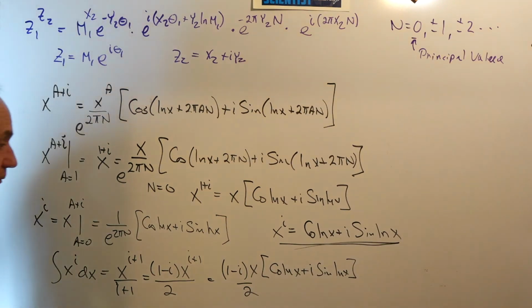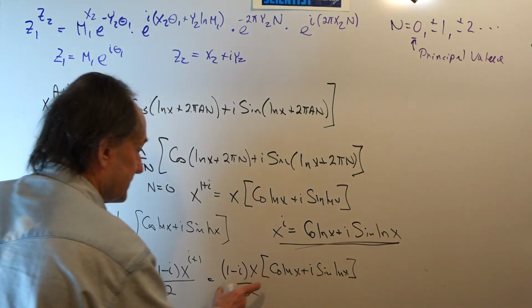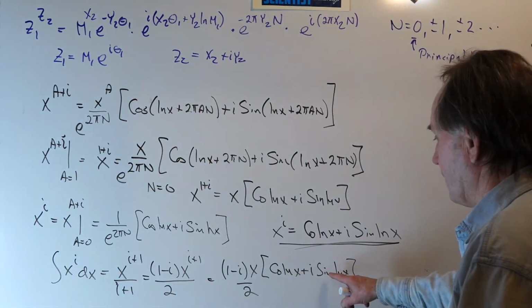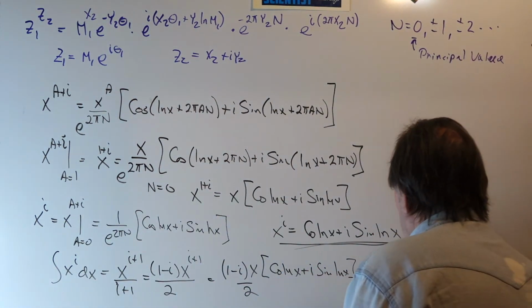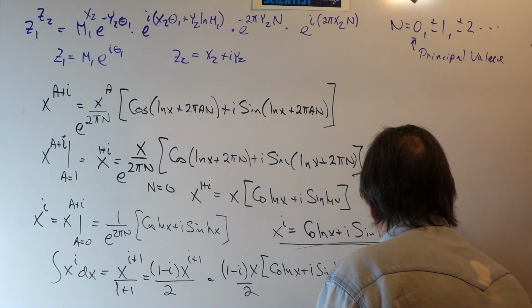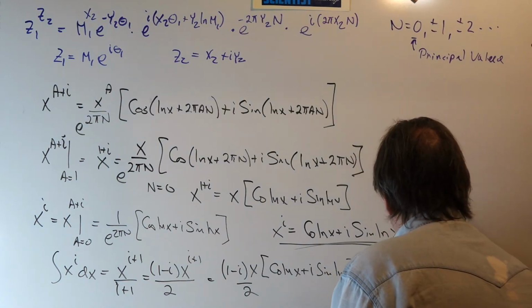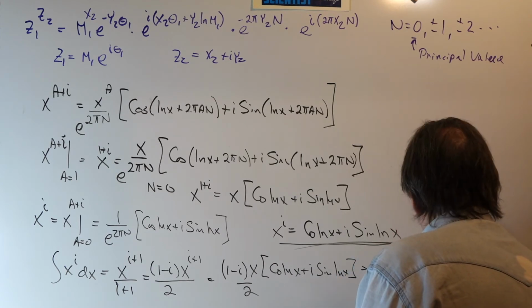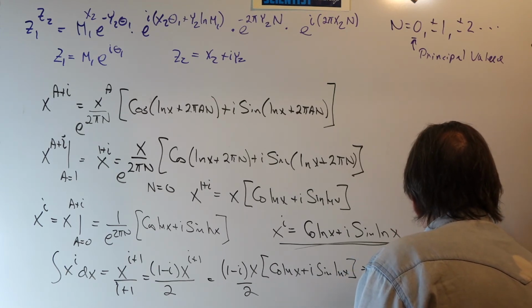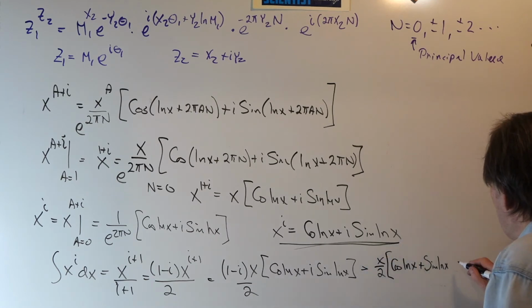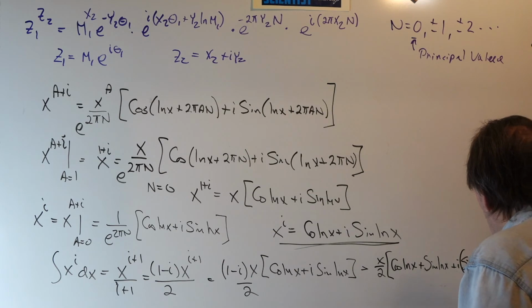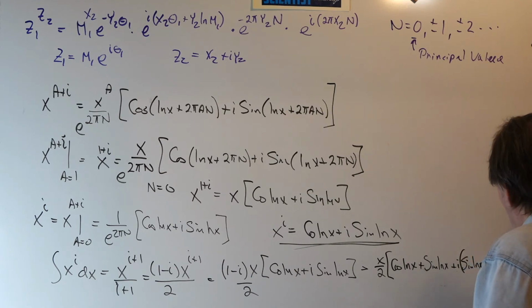Now, we have the product of two complex numbers, so we can expand this out, and this becomes x over 2 times the cosine of the natural log of x plus the sine of the natural log of x plus I times the sine of the natural log of x minus the cosine of the natural log of x.